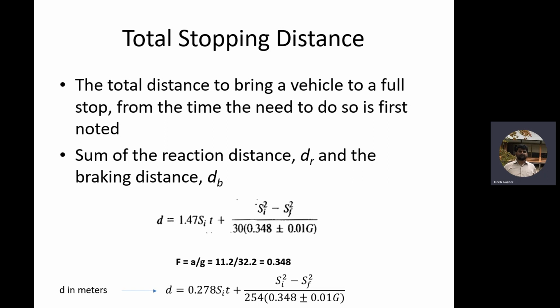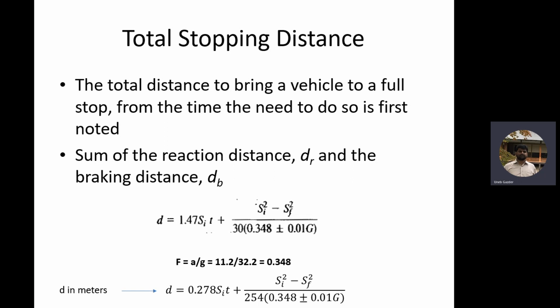Perception reaction time. Now, if you calculate from when he saw the rock till the time he stopped, that total distance is known as total stopping distance. The total stopping distance includes two things. Which are those?